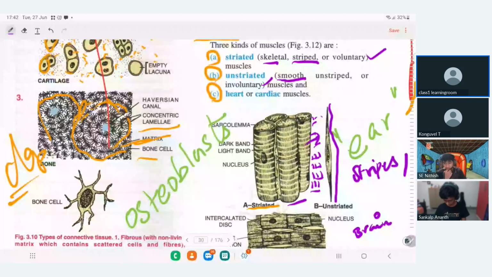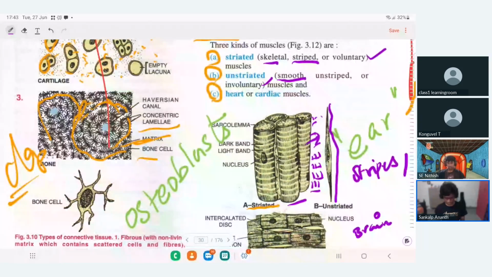For example, you want to walk, you have to think, right? Involuntary actions in the sense you don't have to instruct your stomach to digest.